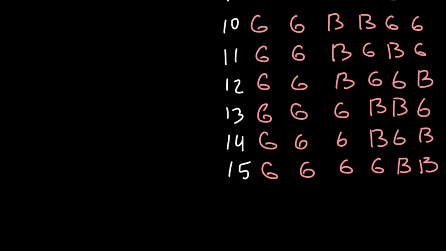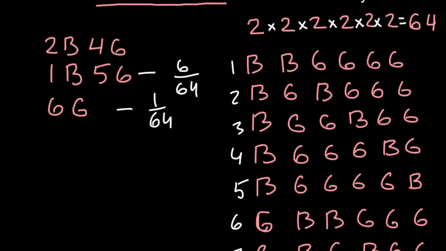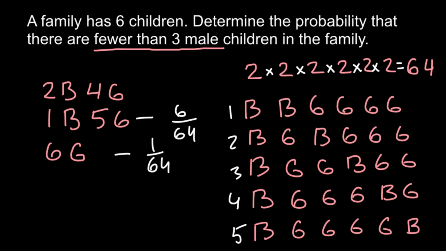So as you see, there are 15 different variants how a family of 6 children may have 2 boys and 4 girls. So 15 out of 64 would be this variant of having 2 boys and 4 girls. This is going to be a probability.